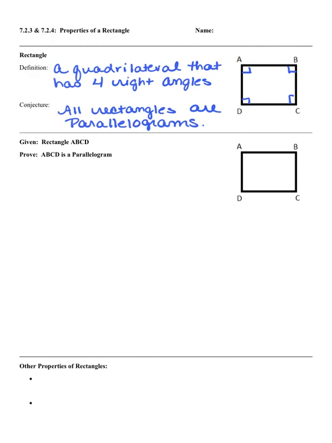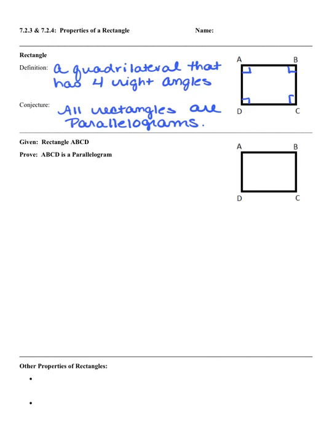So this is what we're going to work on first. We have rectangle ABCD drawn for us, and we need to prove that ABCD is a parallelogram. So let's first talk through the proof and then we'll write it up together.